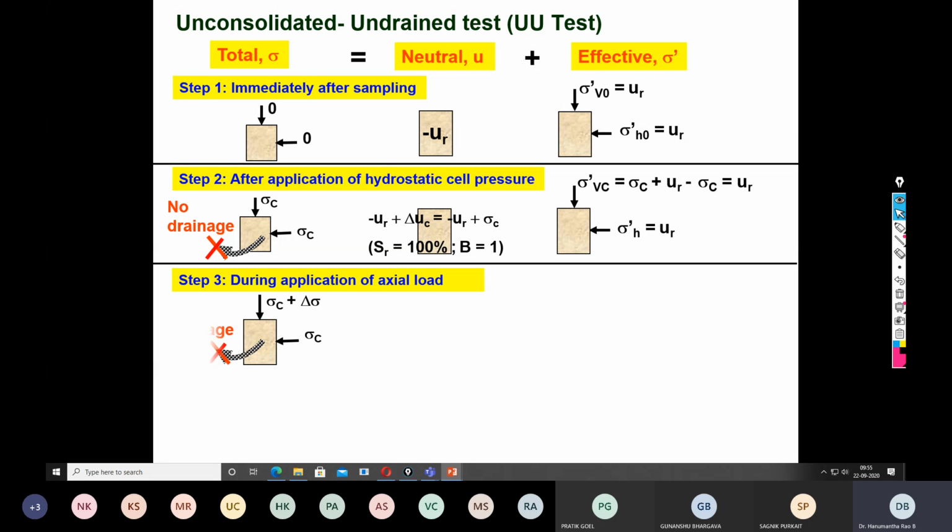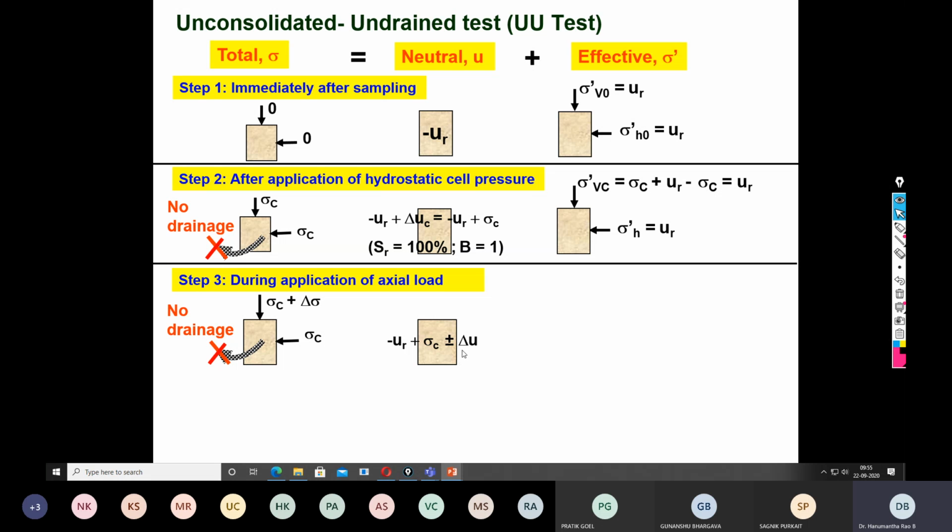During the application of axial load, initially there exists the negative capillarity, and you overcome this negative capillarity by applying the confining pressure. That means you go from negative capillarity to positive pore water pressure. On top of it, you are applying the delta sigma.